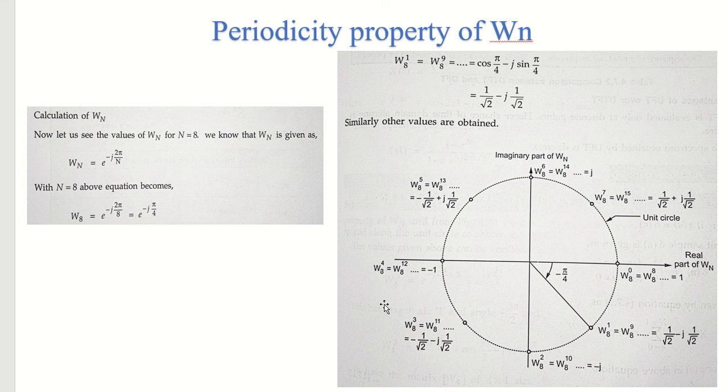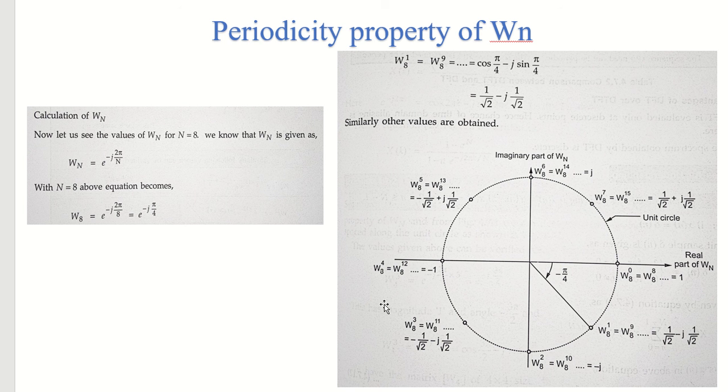Initially we will check the value of Wn for n equals 8, and we know that Wn is given by this formula: Wn equals e raised to minus j 2 pi divided by n. In the same way, with n's value 8 you can obtain W8, so it will be e raised to minus j pi by 4, because 2 pi by 8 gives pi by 4. In the same way, you can find further values as well.